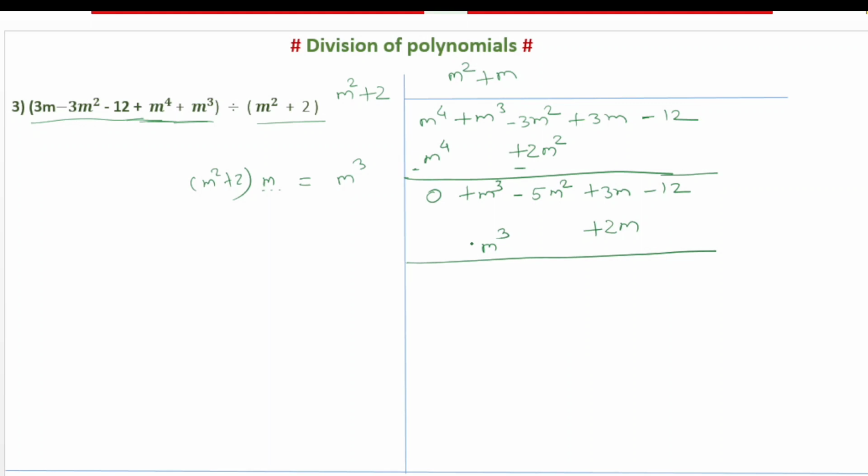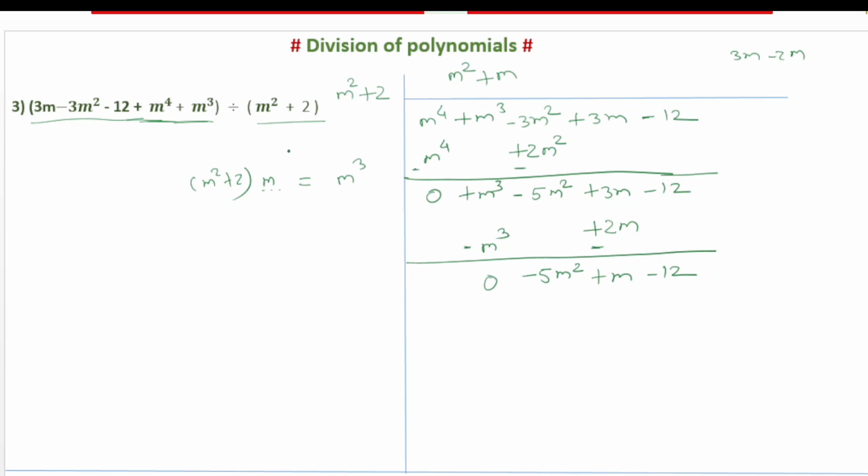We subtract, so the signs change. Plus minus gives 0, and we have minus 5m². Then 3m minus 2m gives m, and then minus 12.